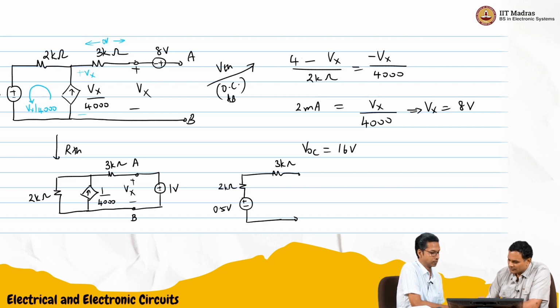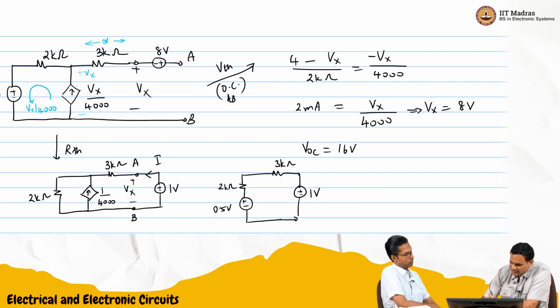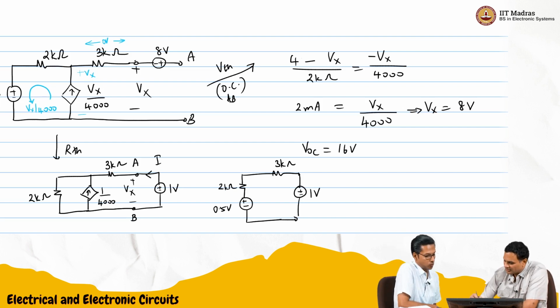Now we also have 1 volt here. And we want to find out the current drawn. So this is some I, the I that we want to find. That is easy.